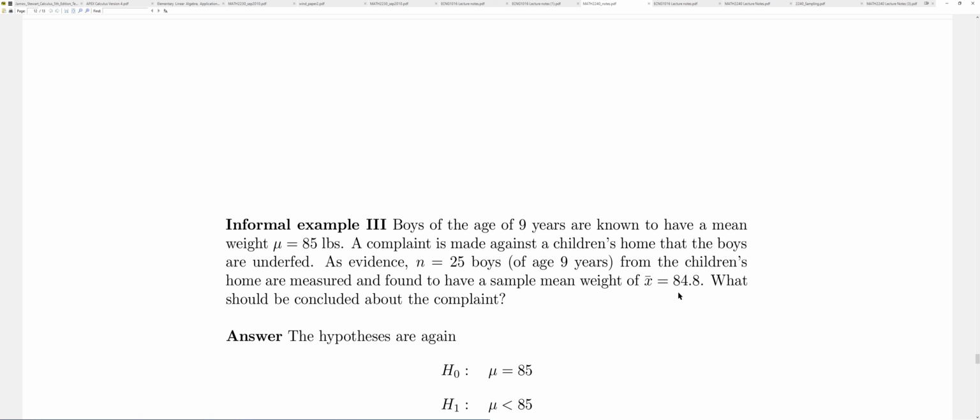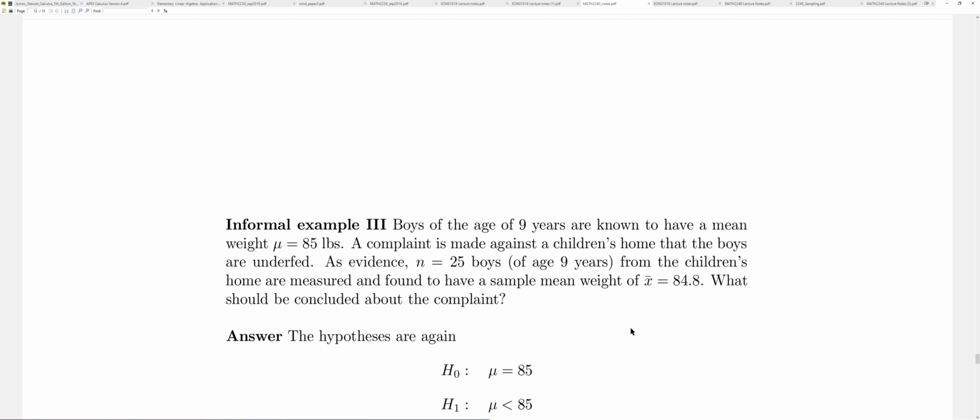Okay, so what we have over here is 84.8. Now it seems as if we're getting a little bit of evidence that the weight of the boys is less than 85. But what you want to realize is that it's not significantly less than 85.